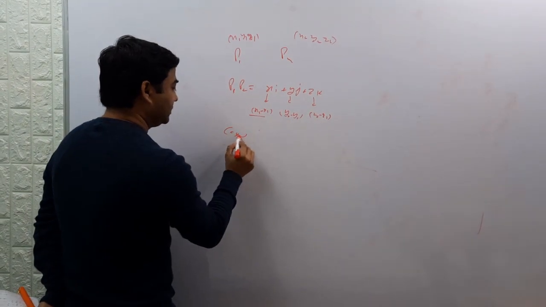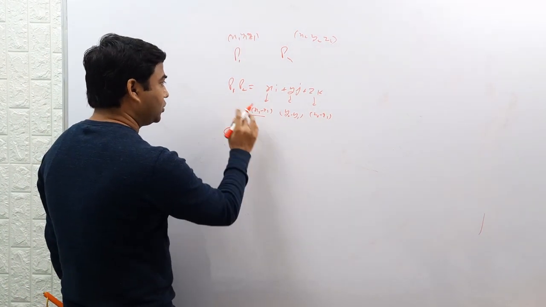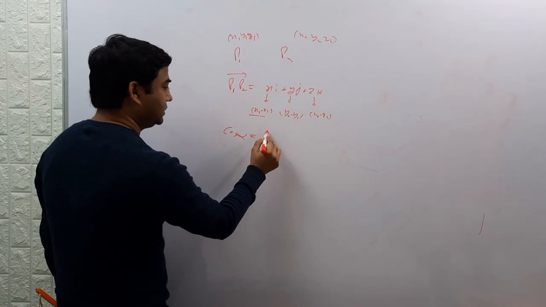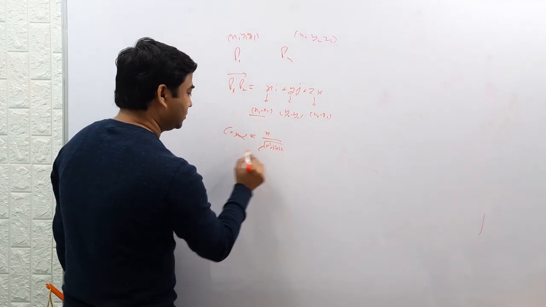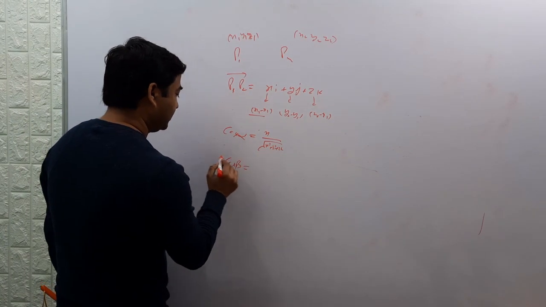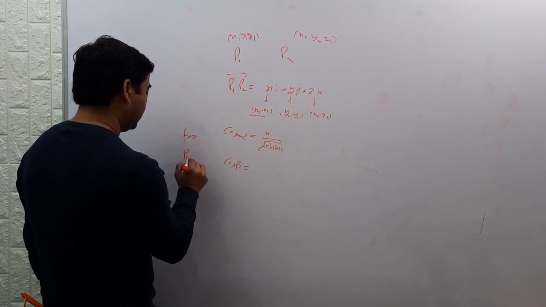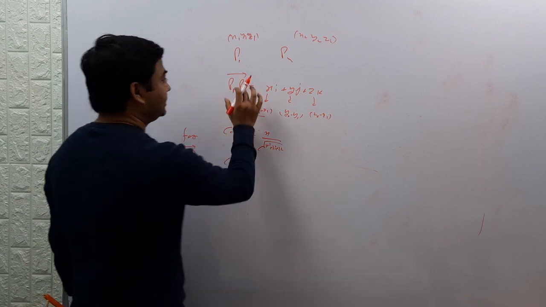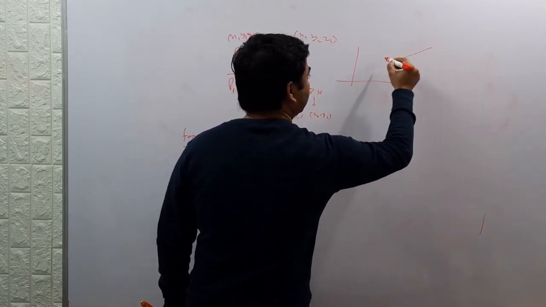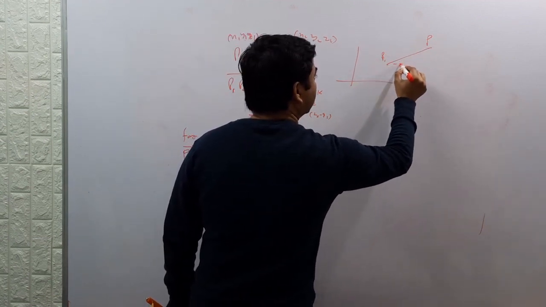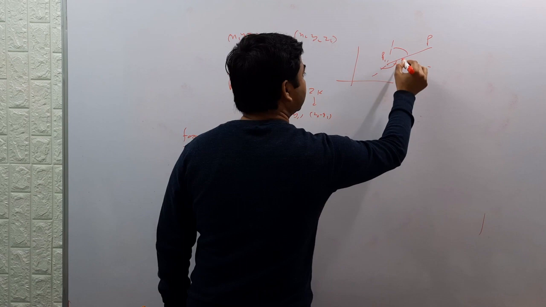So cos alpha will be calculated similarly as we calculated for the position vector. Cos alpha of vector P1P2 is x by under root x square plus y square plus z square. Cos beta, for vector P1P2: this vector can be transferred. Let this be vector P1P2. It will make angles alpha, beta, gamma with the x-axis, y-axis, z-axis.